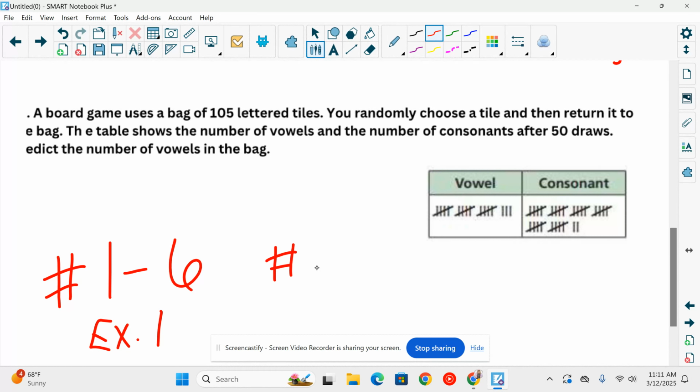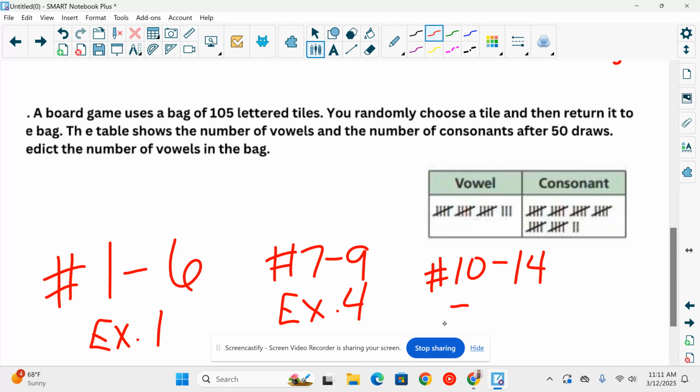Numbers 7 through 9 is like the examples we just did, like example 4 in your notes from today. And then numbers 10 through 14 are like example 2.